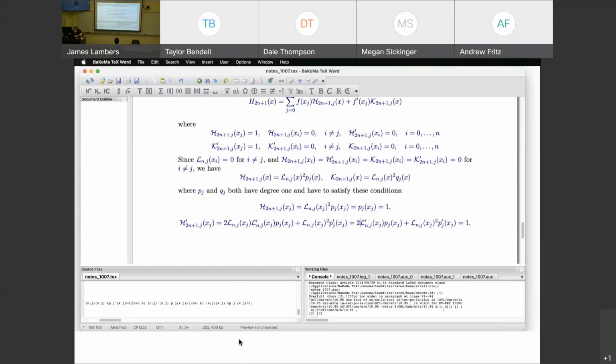The derivative of the Lagrange polynomial I do not know, so I leave it as is. Okay, and then that is 1. Okay, so now this is a linear function, so now I know the slope.